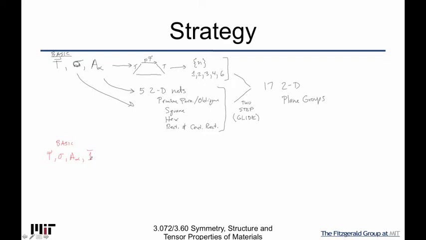And essentially nothing changes in the sense that we still have our n-fold point groups, one-fold, two-fold, three-fold, four-fold, six-fold, right? The only difference is that in 3D, we have to consider axial combination.